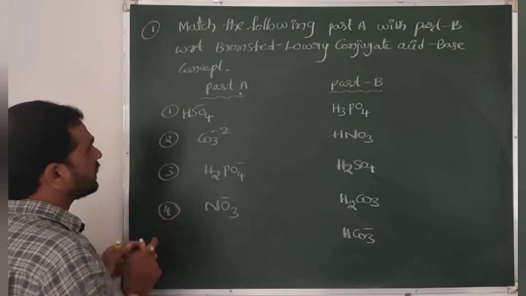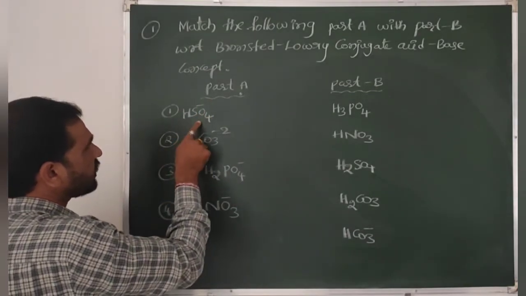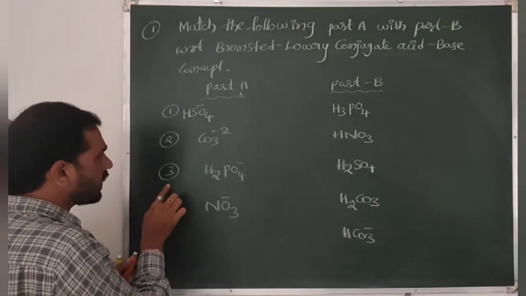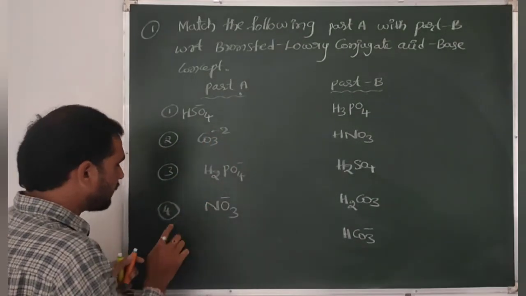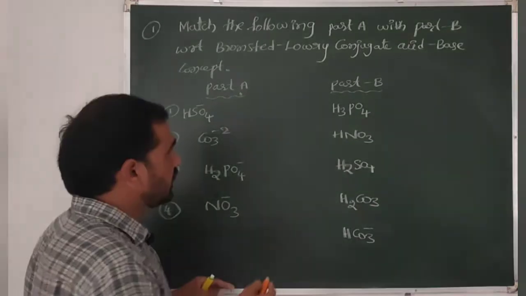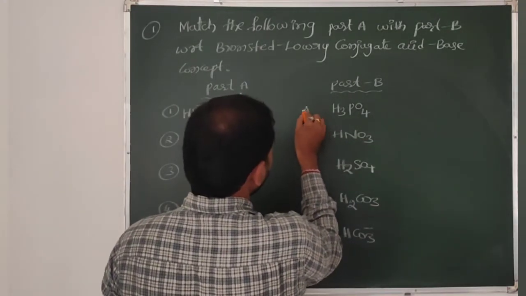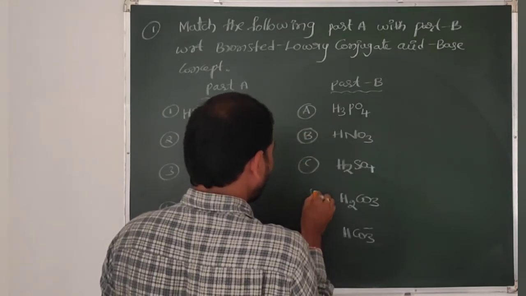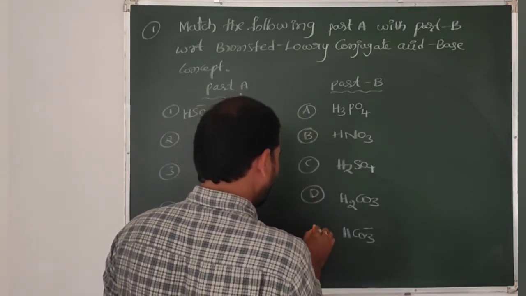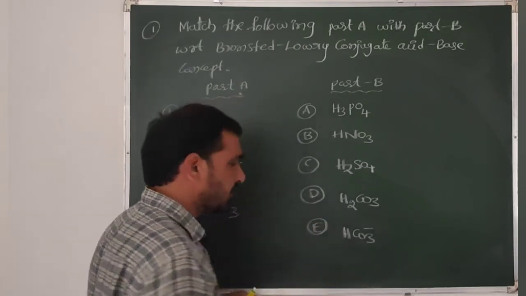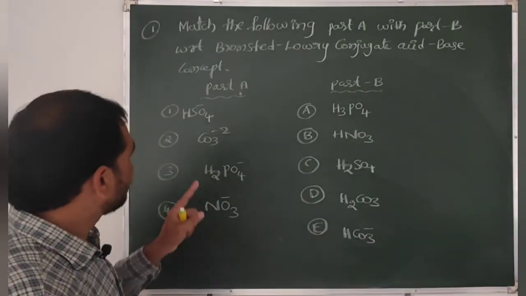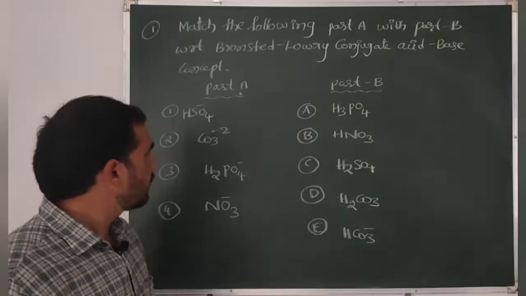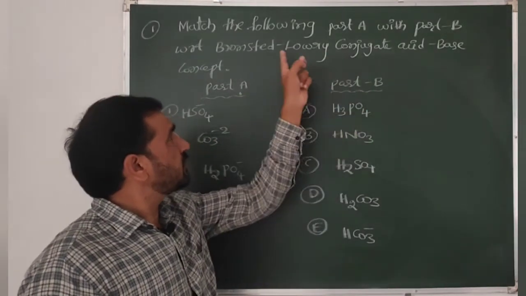Then under part A, HSO4 minus is given, second one CO3 minus 2, third one H2PO4 minus, fourth one NO3 minus. Then here this is A, and B, C, D and E are given like that. Okay, coming to the first, HSO4 minus, what is the concept here, beta?